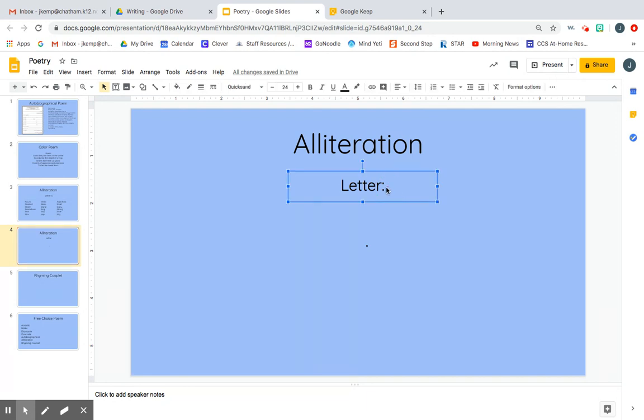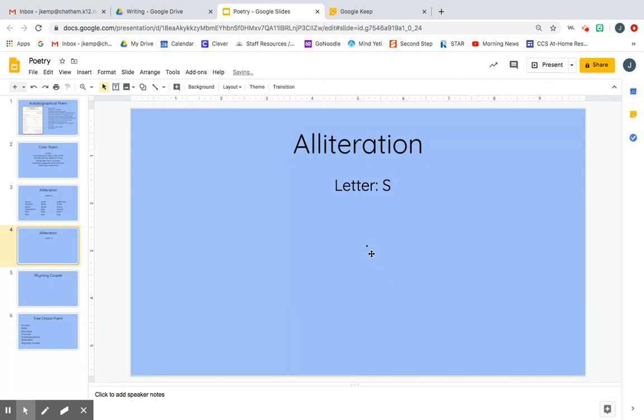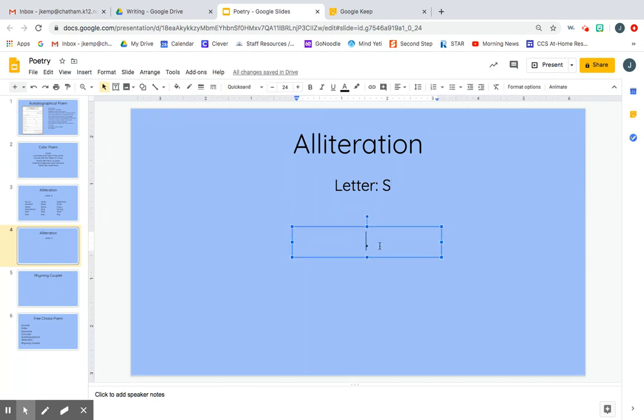Okay, so I'm going to go ahead over here. My letter is still S. And I'm going to use some of my, silly was one of my adjectives, and seals was one of my nouns.